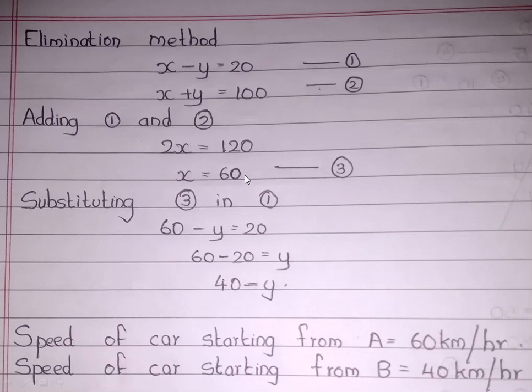Substituting x equal to 60 in equation 1, we will get y value as 40. Speed of car starting from A is 60 km per hour and speed of car starting from B is equal to 40 km per hour.